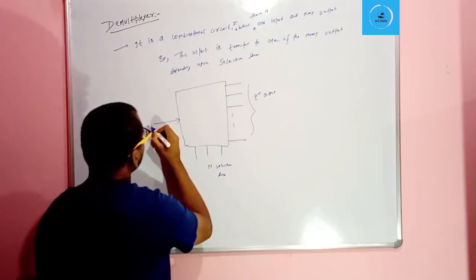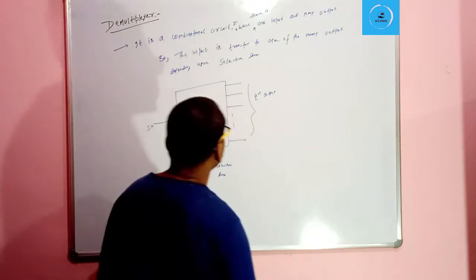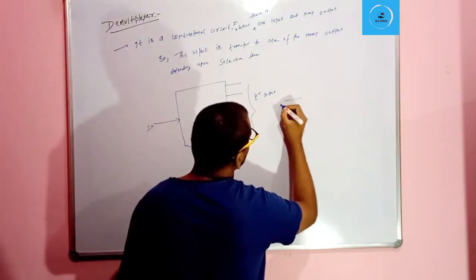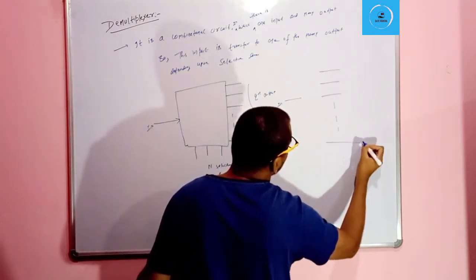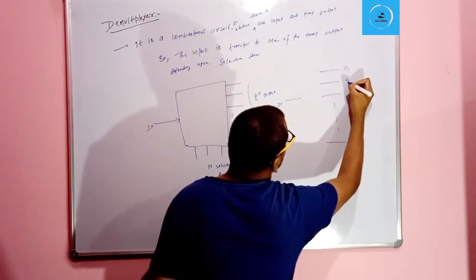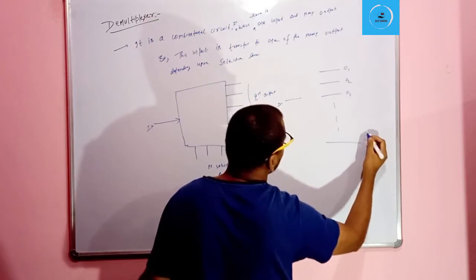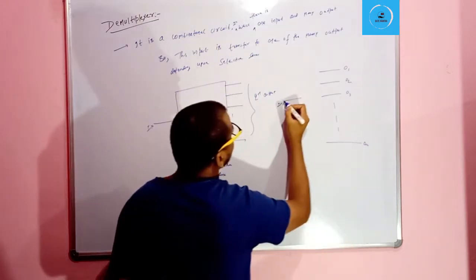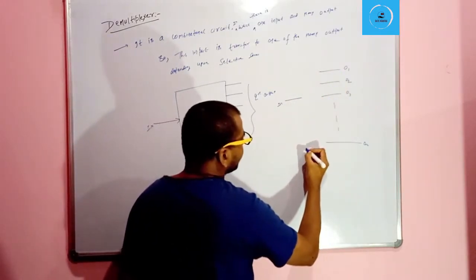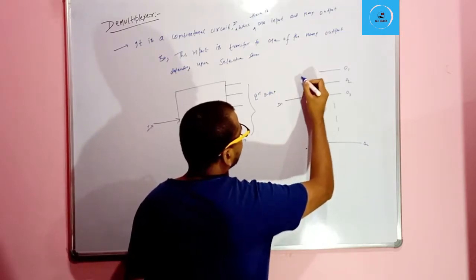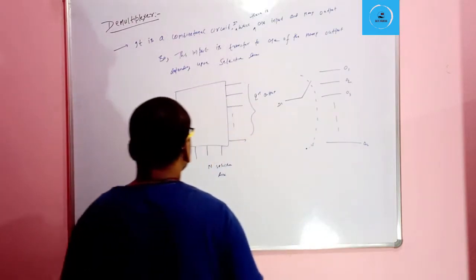This is the input and these all are the outputs, like O1, O2, O3 up to ON, and this input is transferred to one of the many outputs depending upon the selective lines.